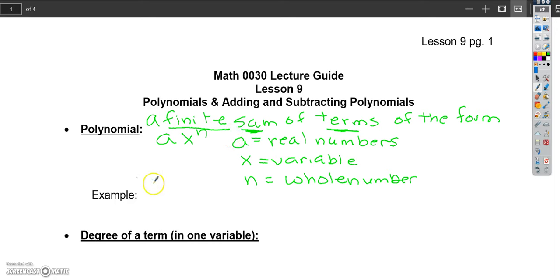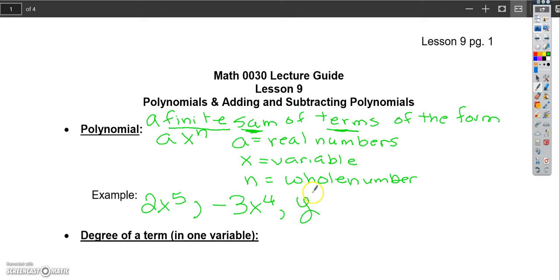So 2x to the 5th, that's a term. -3 could be in front, as long as this is a real number, and then the exponent has to be a whole number. The variable could be y.